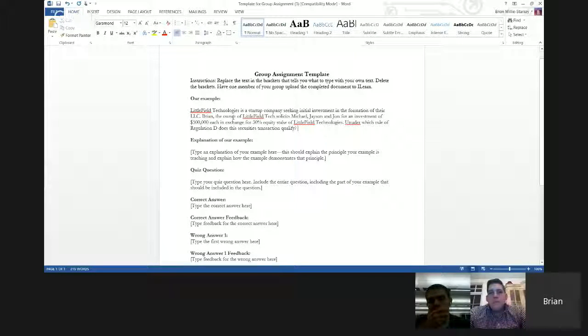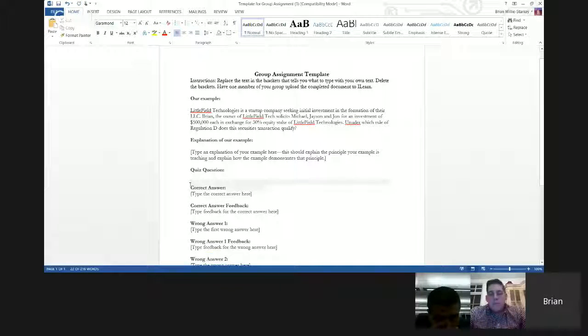So that's the example, our quiz question. Or should I just put under which rule for our question? Yeah, the question should be under which rule of Regulation D does this securities transaction qualify? Okay.